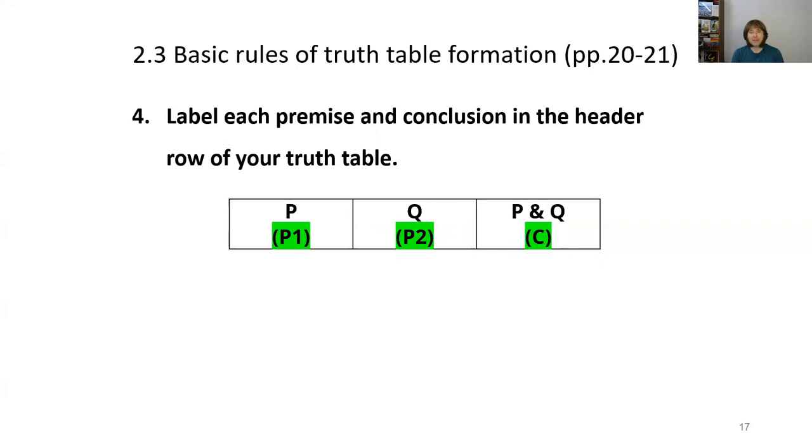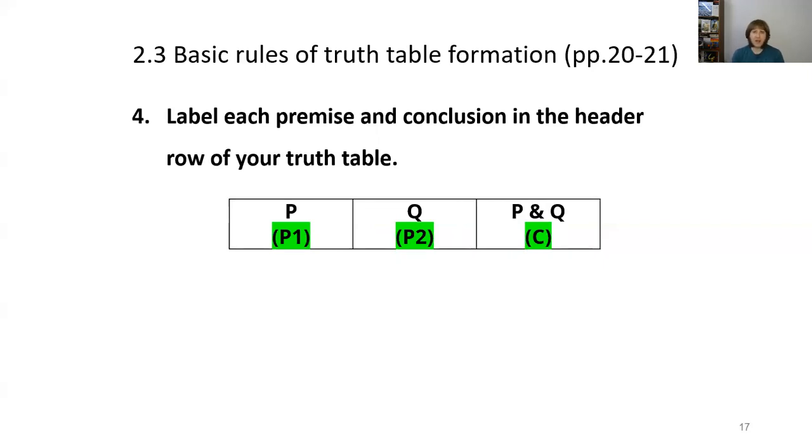So you might have P and Q and R and a few complex statements, and you only actually wind up labeling, say, 3 different things in the header row, even though you've got 6 columns. And there just is no rule about precisely what it is in the header row you're going to label. It all depends on what is in the argument to start with. This will make more sense as we start looking at more examples as we move along through the course.